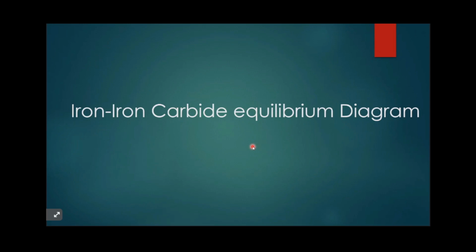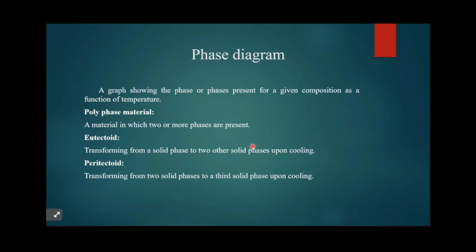according to the different temperatures. When the steel or cast iron is heated or under heat treatment, how the structures change according to the temperature, that we are going to see through this iron-carbon equilibrium diagram. Before entering the iron-carbon equilibrium diagram, we should know what is meant by a phase diagram.